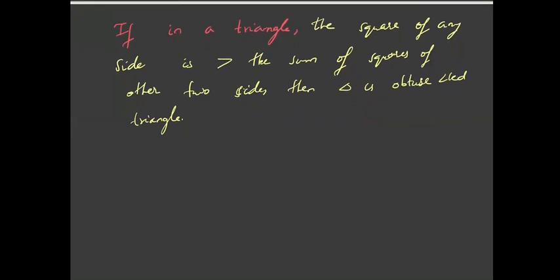And if it is less than this, then this is acute angle triangle. And if it is equal to, then it is right angle triangle.